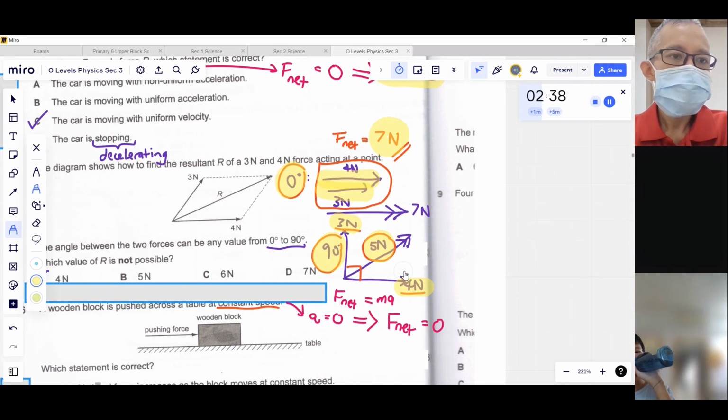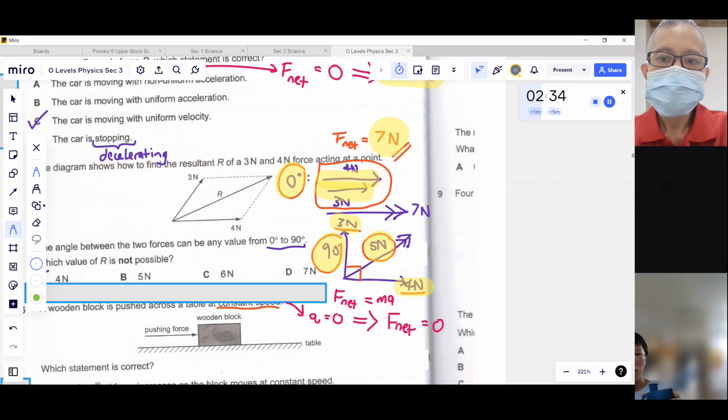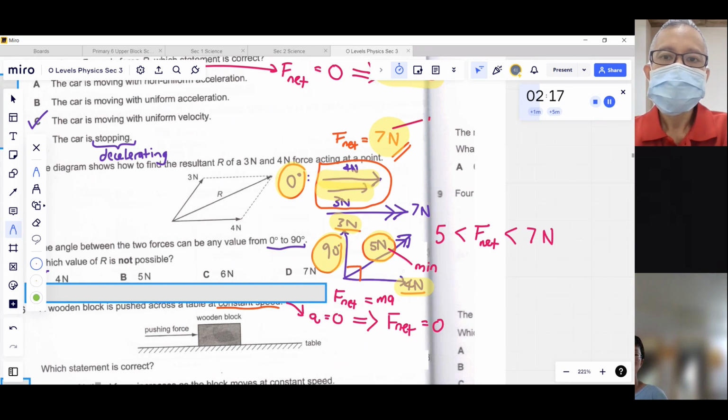So what does that mean? Now, guys, try to interpret that. It means that your net force is between 5 and 7 newtons. Okay, so this would be your minimum. This would be your maximum.